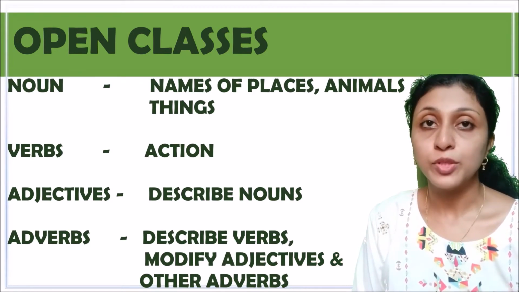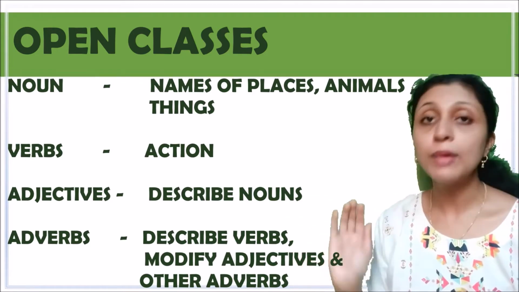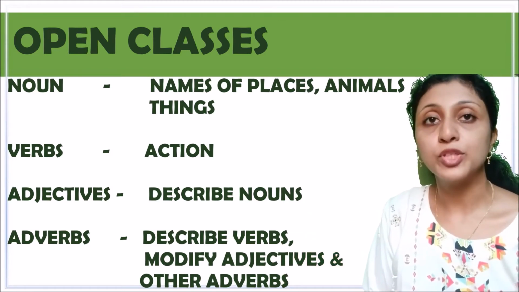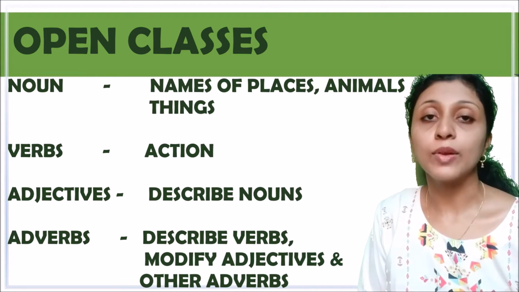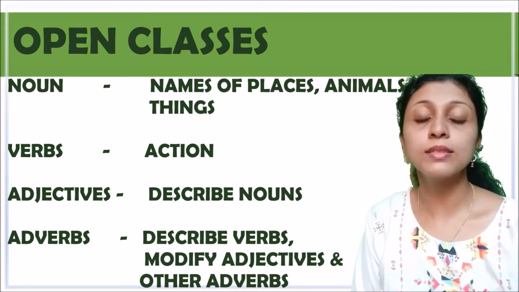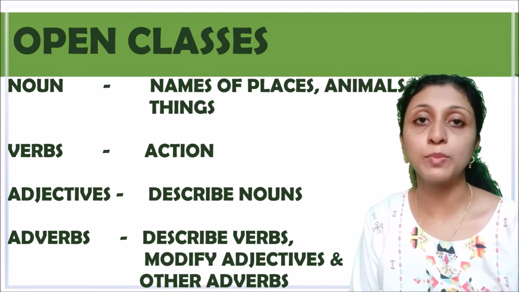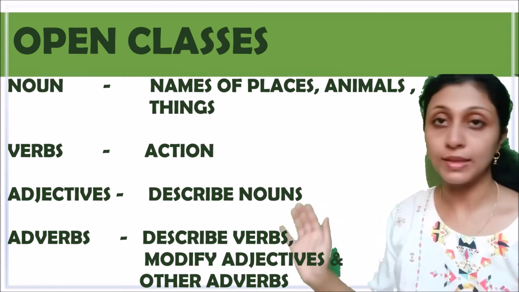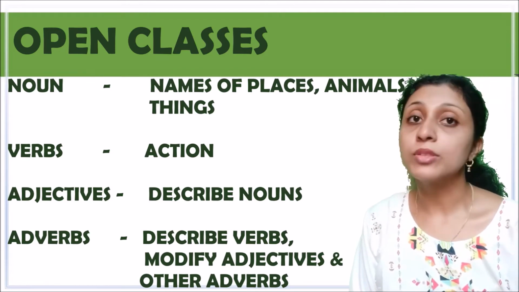Adjectives refer to words that describe a noun, whereas finally adverbs refer to words that describe verbs. So this is the shortest way we can explain the different parts of speech that are included in the open classes. Now let's move on to the closed classes.